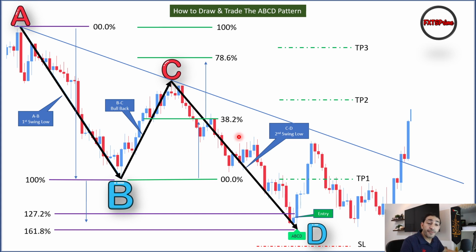Now guys, you can find these patterns on the 1 minute chart, the 2 minute chart, the 3 minute chart, the 5 minute chart, and so on. These patterns are very useful for scalping. So if you are a scalper, this is the best pattern for you.